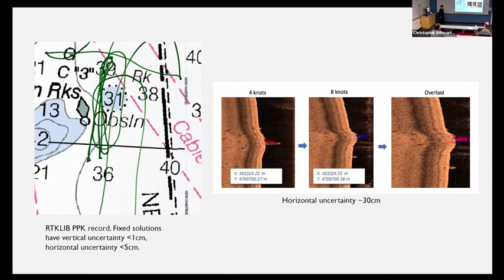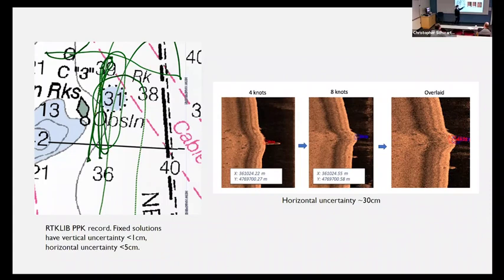The vertical uncertainty reported by RTKlib was less than 1 centimeter, and the horizontal uncertainty was less than 5 centimeters, which was a little bit surprising since we'd expect the horizontal uncertainty to be less than the vertical uncertainty. But in the context of this work, these uncertainties are very small in magnitude compared to the uncertainties associated with the side scan data. And so it's probably not a significant issue here.